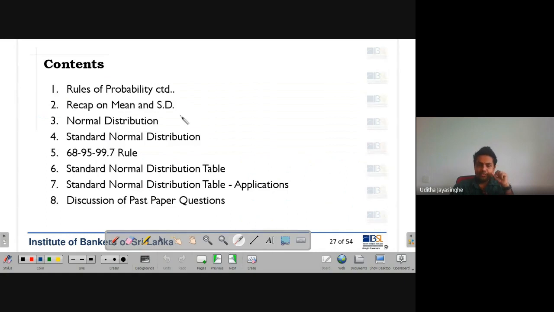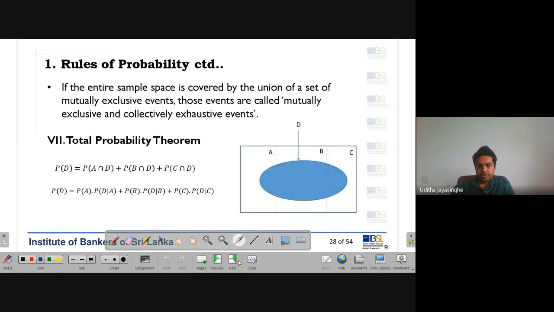Then that is where we are going to discuss the normal distribution and the standard normal distribution. So all these areas from area number 3 to 7 are purely on the standard normal distribution and the respective applications. So let's get on with today's lesson, unless you have any specific questions to be discussed. Okay, great.